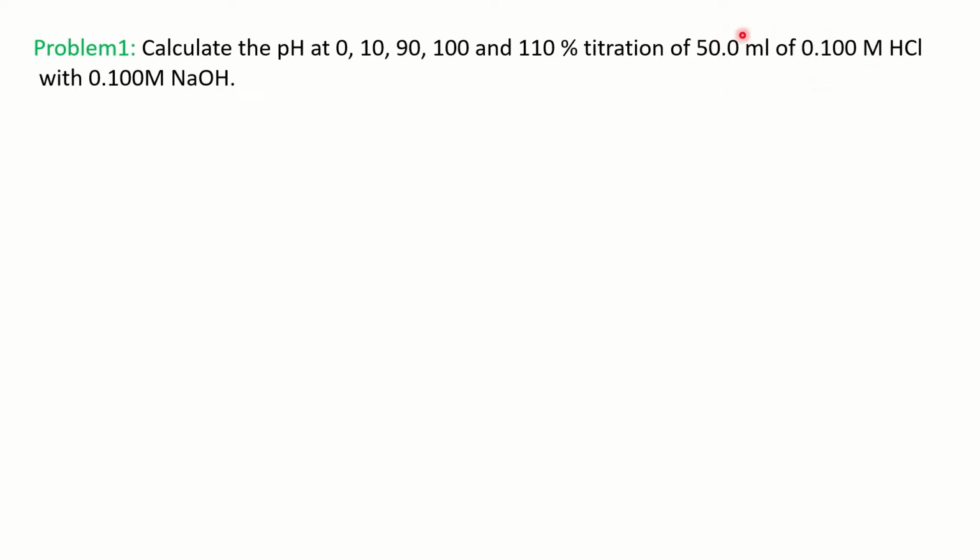This is your titrant, and the titrant molarity is given as 0.1 molar, and different percentages of volume of NaOH, which is the titrant, are given here. You have to calculate the pH value for each volume of NaOH. So we'll see how to solve and calculate the pH.